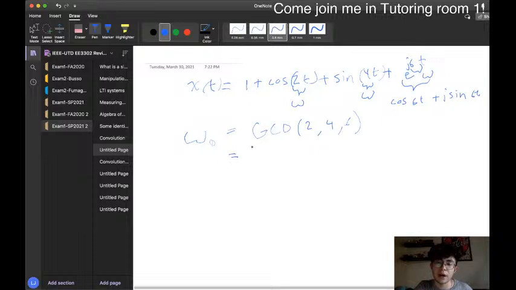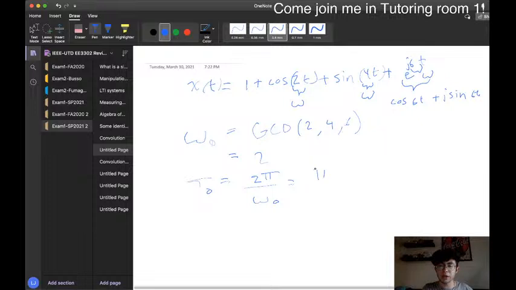The GCD of 2, 4, and 6 is going to be 2, because 2 has a factor of only 2 and 1, 4 has factors of 2 and 1 and 4, and then 6 has factors of 6, 3, 2, and 1. And notice in all of those sets, 2 is the common one. So yeah, that's our fundamental frequency. If we want to get our fundamental period, then t0 is 2 pi over omega 0.